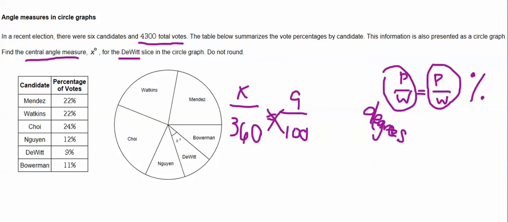And then your cross products from there. 9 times 360. And then dividing by the 100 is 32.4 degrees. 32.4 degrees. And they ask us not to round, so that will be our final answer.